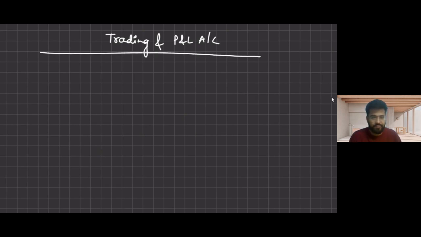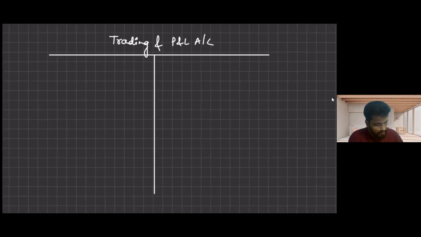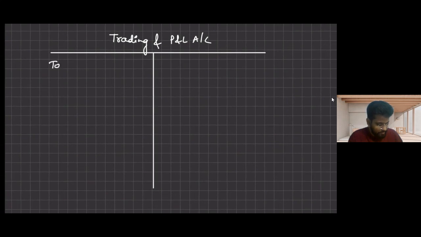For instance, what I am preparing is a trading and P&L account of a business. Let's say this is a hypothetical example. Let's say we have the opening stock of 1000 rupees.